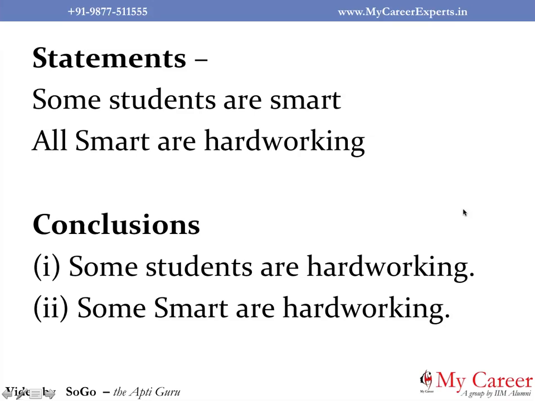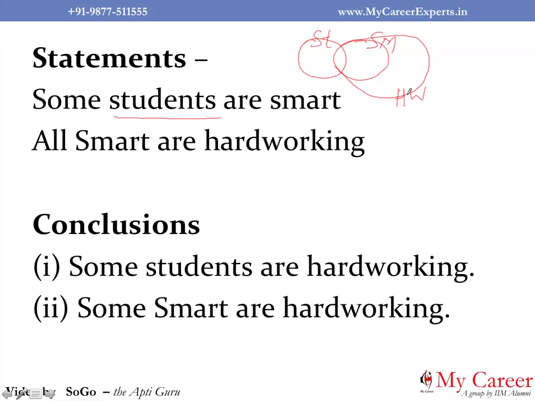So let us see a real-life question which you will get in an examination. Some students are smart. All smarts are hardworking. When we say some students are smart, it means this is student, this is smart. Now all smart are hardworking, so this is hardworking.